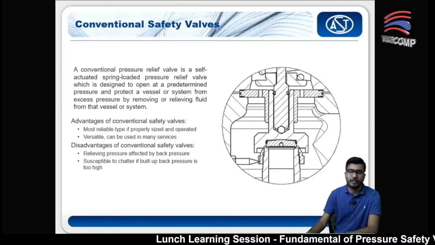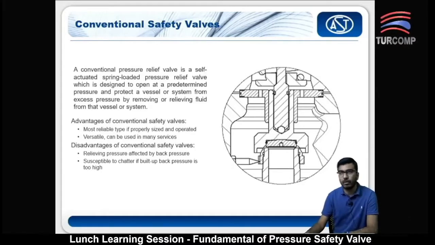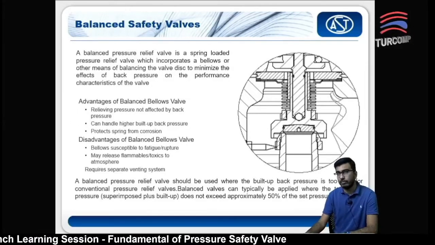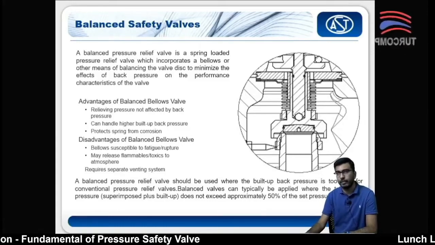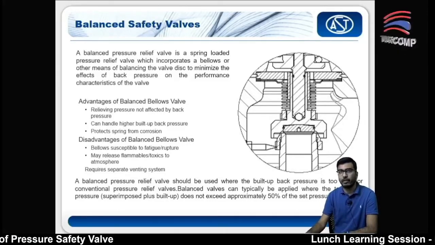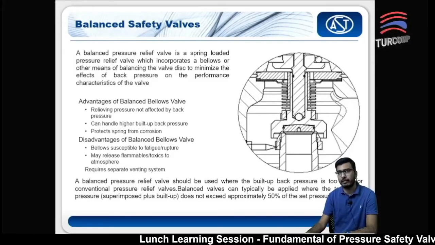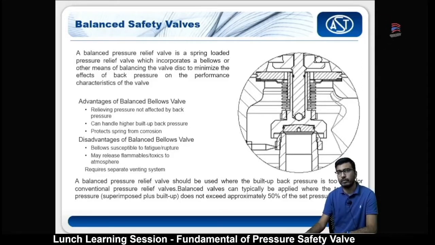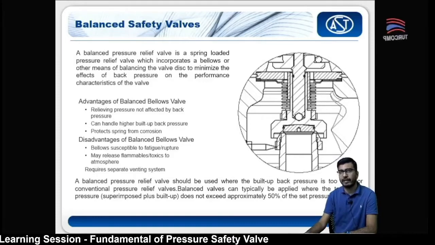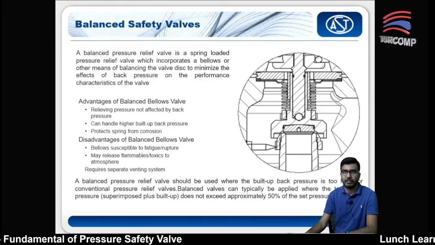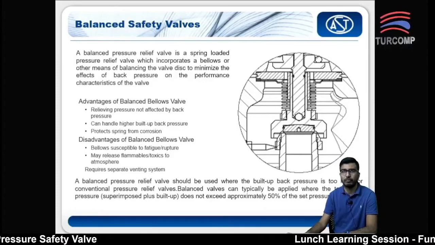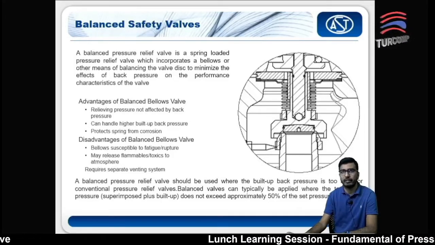So if you have a corrosive medium or highly acidic fluids, you don't want to use a conventional type. The balanced bellows will protect this, so the fluid will not be in contact with your spring. It will close up here, so it will mostly move here and then go out on your right.